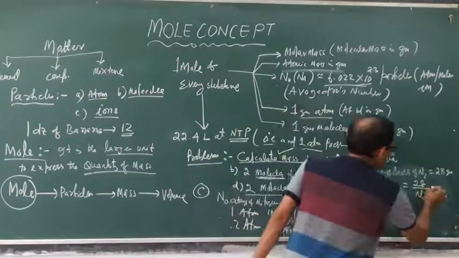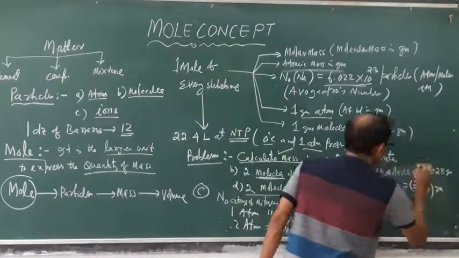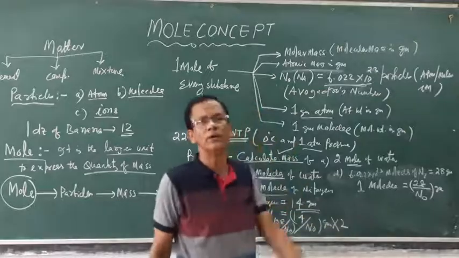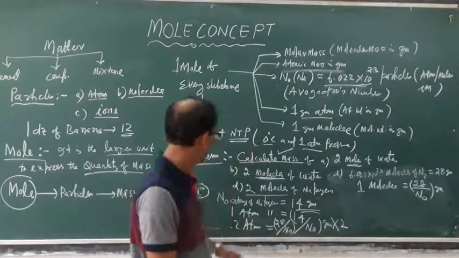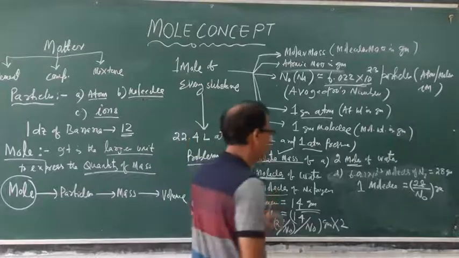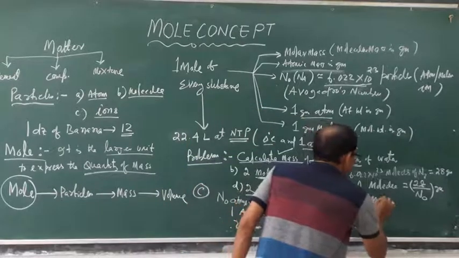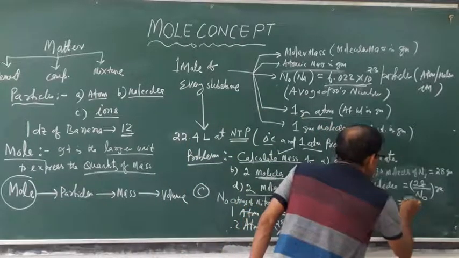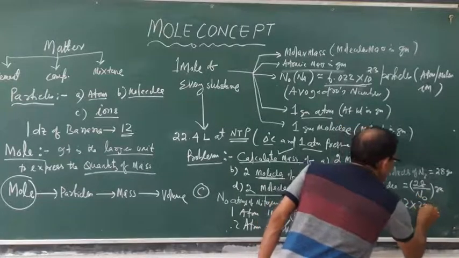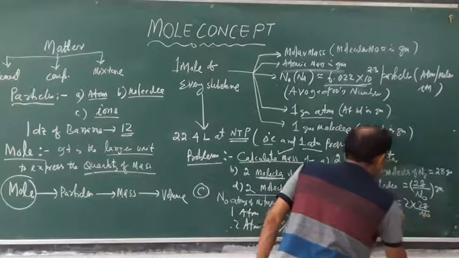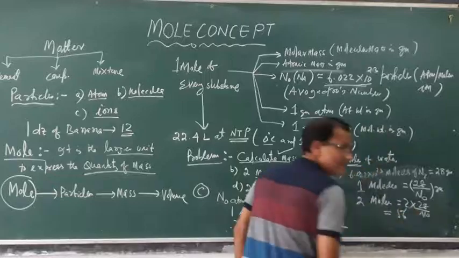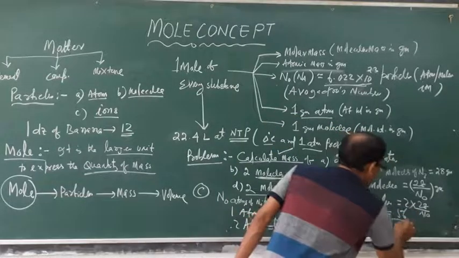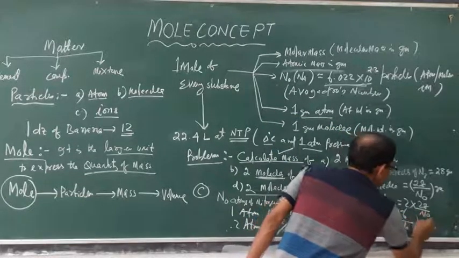So this much gram is the mass of one molecule of nitrogen. But what is given in the question? 2 molecules of nitrogen. So 2 molecules will be 2 into 28 by N0, which is equal to 56 by N0 gram.